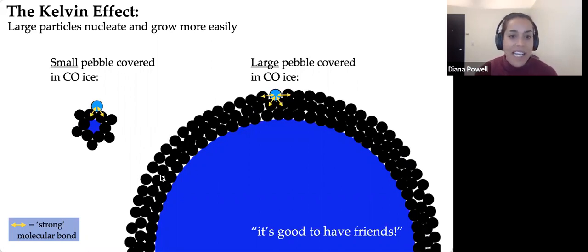And so I like to think of the Kelvin effect in terms of geometry, where an ice molecule on the surface of a large grain will be able to bond to more neighbors than it would on a small particle that has more curvature. And so in short, the Kelvin effect causes large particles to nucleate and grow more easily.